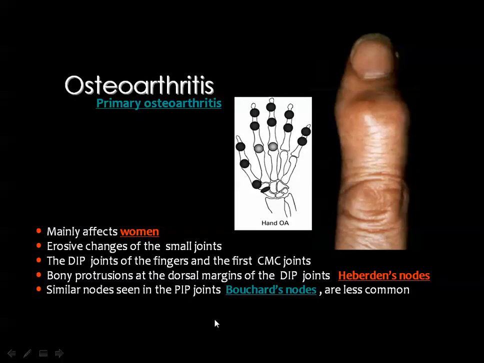It may present also in the erosive type, as I will discuss, and this is the most common distribution of osteoarthritis in the hands.